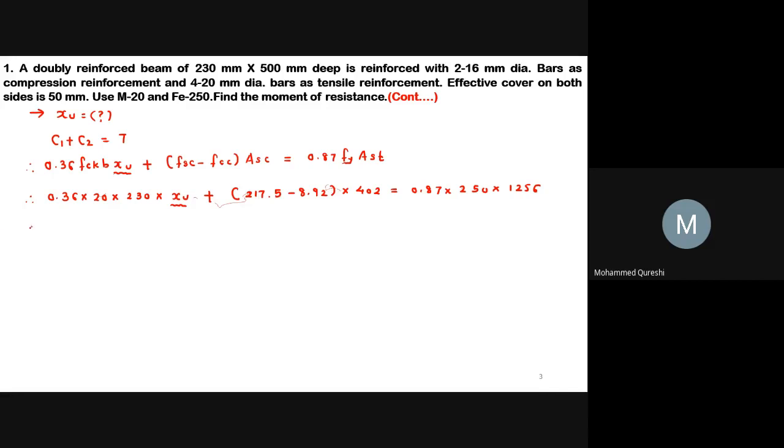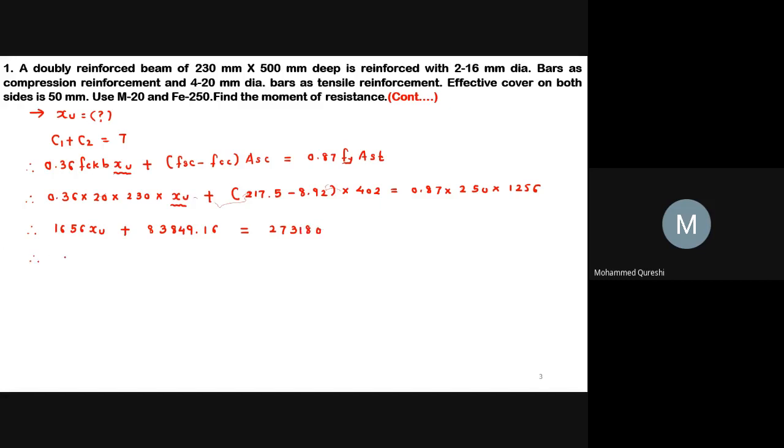After solving this equation we will get 1656 xu plus 83849.16 equals to 273180.